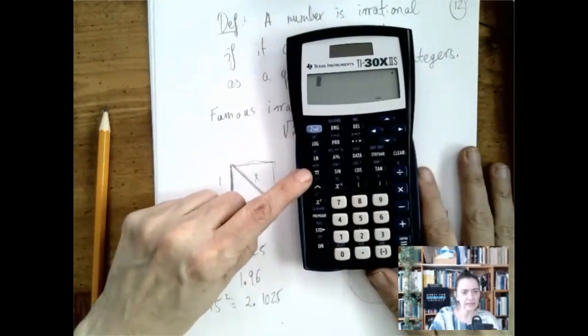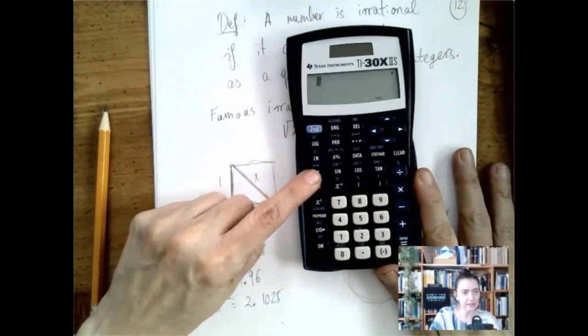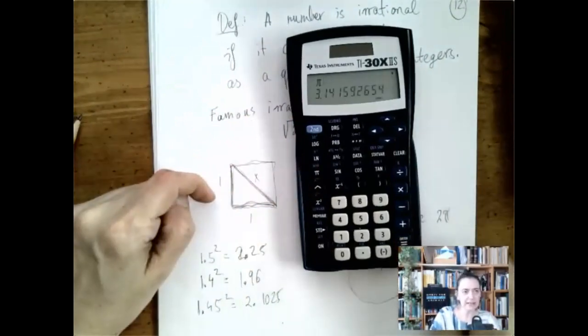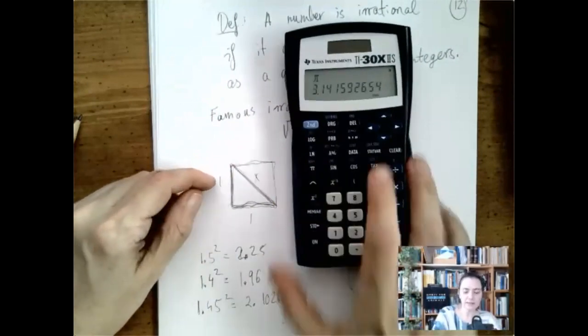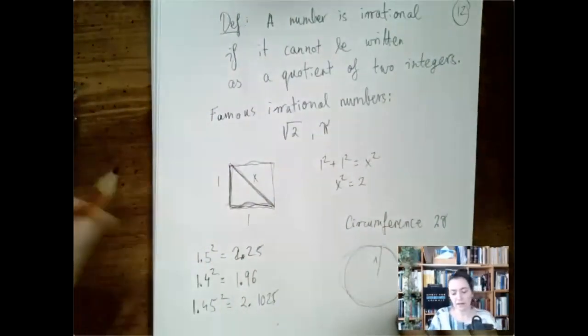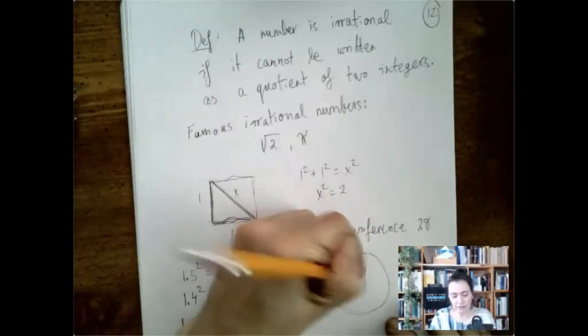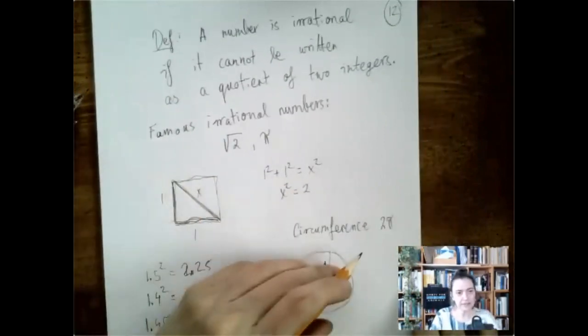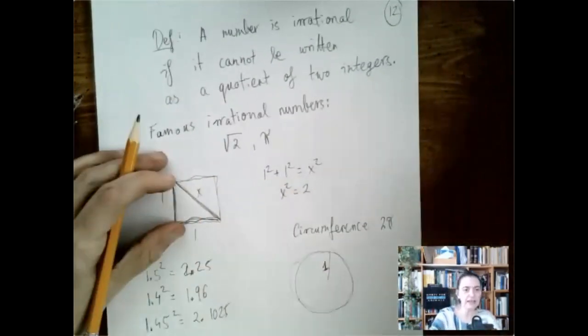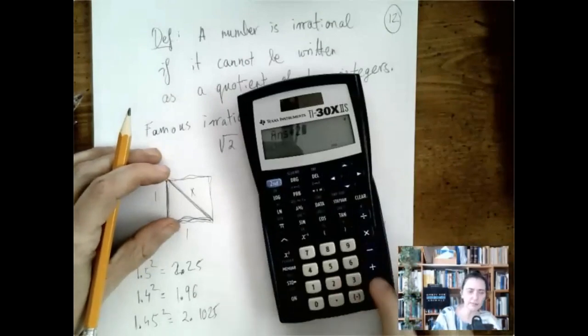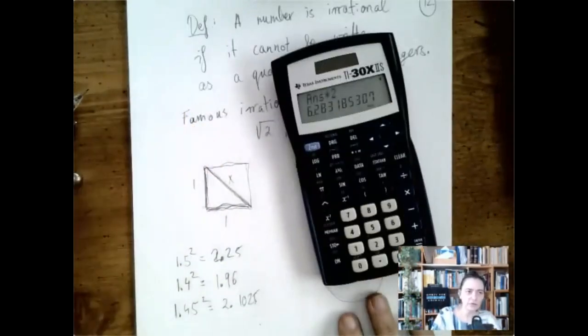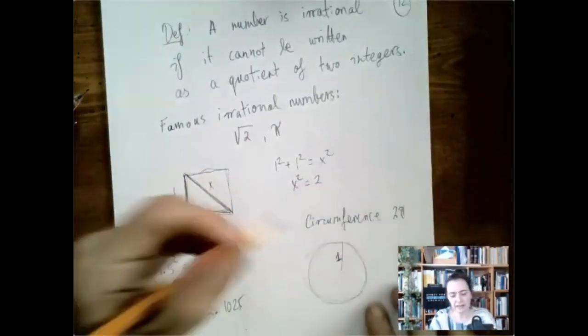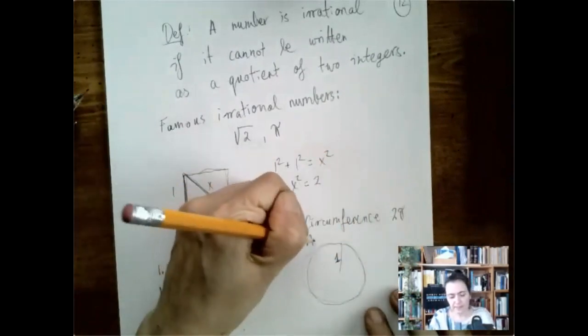Pi is, by the way, the Greek version of the letter P. You see pi, and then you click equal, it's 3.1415. If you take a unit circle, which is a circle with radius 1, the circumference is twice this number, 6.283, and the area is that number.